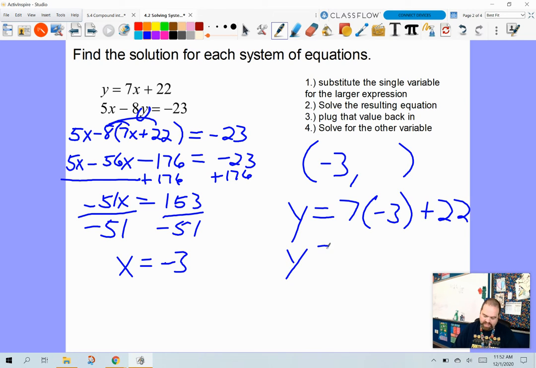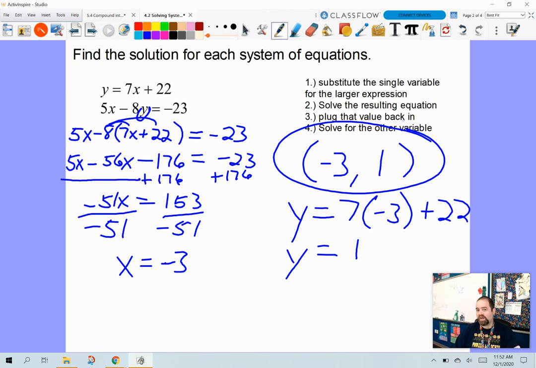When I evaluate that, that should just be a straight computation. You shouldn't have anything to solve for. 7 times negative 3 is negative 21, plus 22 is positive 1. So my solution is negative 3, positive 1.